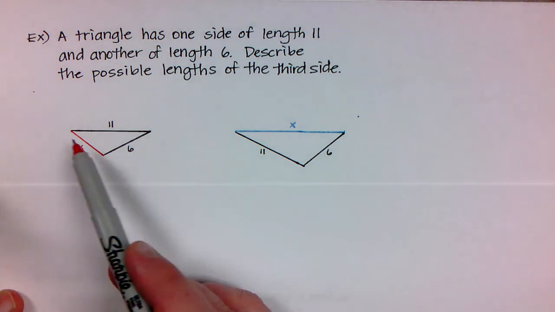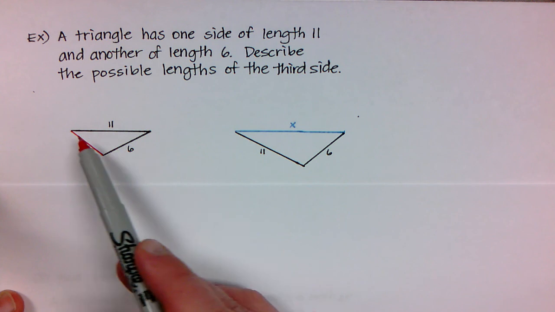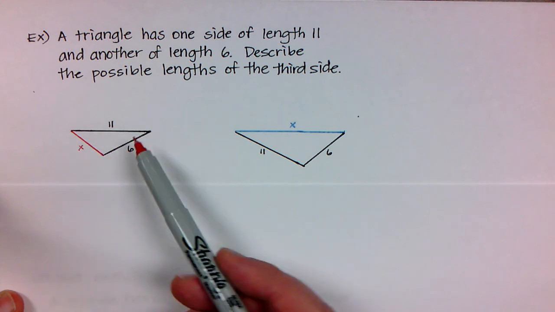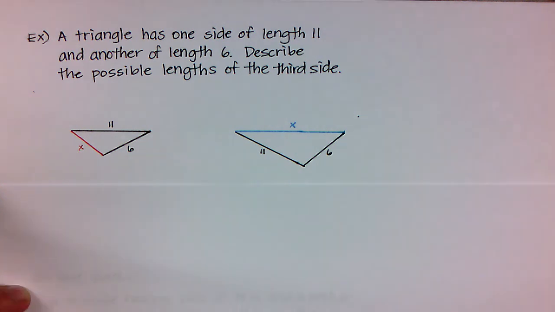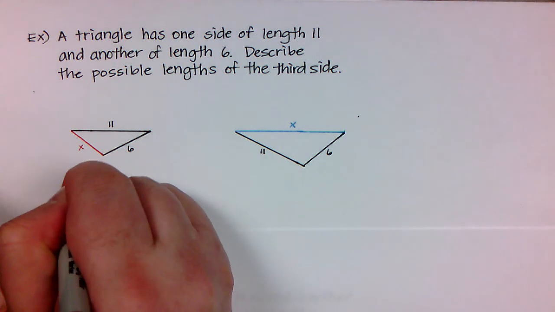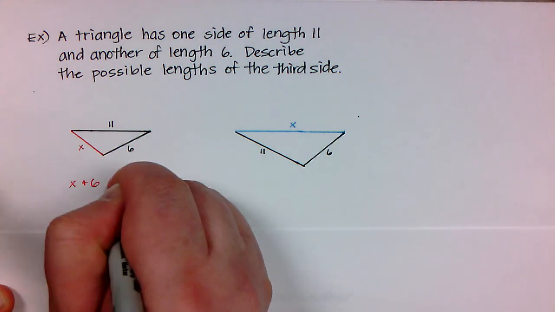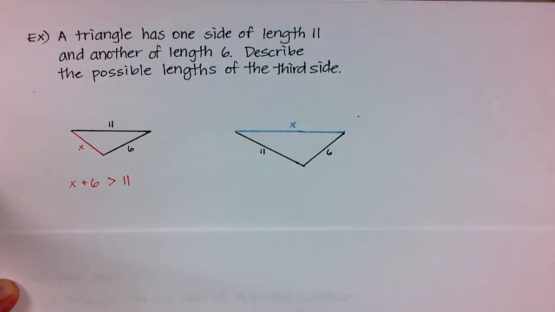It could be that the third side is smaller than the other two. That's the triangle that I tried to draw to represent that. So what could this third side be? Based on what we just learned, if I added x plus 6, we know that it must be greater than that biggest side, which is 11 in this case.